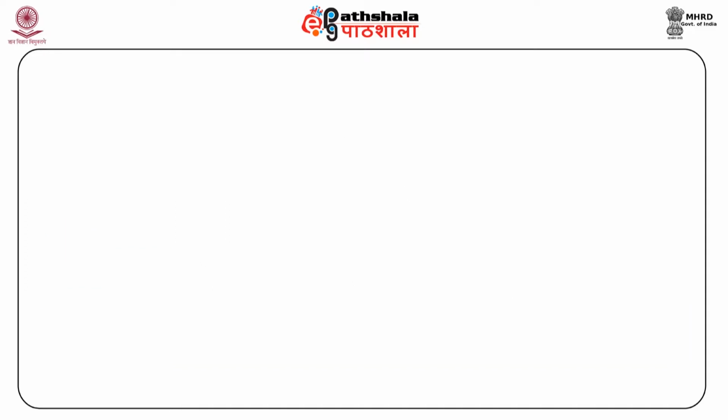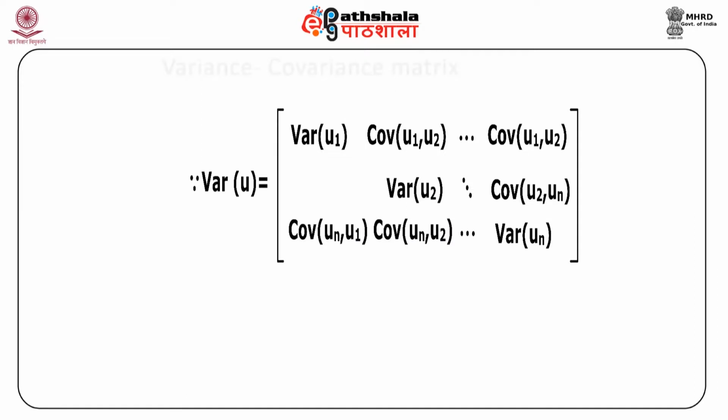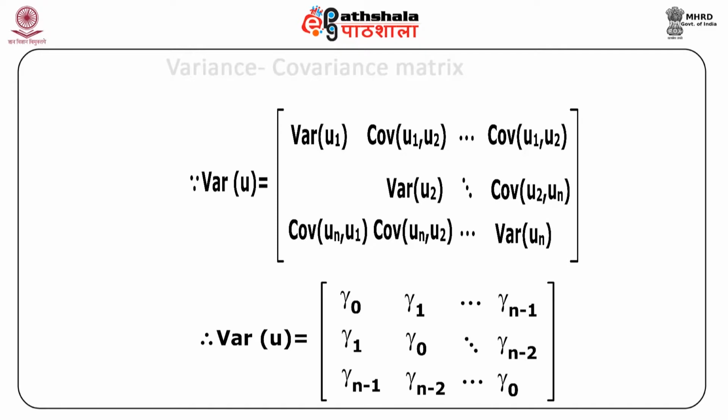For a sample with n observations, the variance-covariance matrix of the disturbance term may be written as follows. The variance of u is the matrix whose first row is the variance of u1, the covariance of u1, u2, and so on, up to the covariance of u1, un. In the second row, we similarly have the covariance of u2, u1, the variance of u2, up to the covariance of u2, un, and so on.